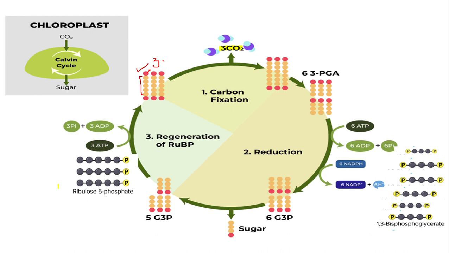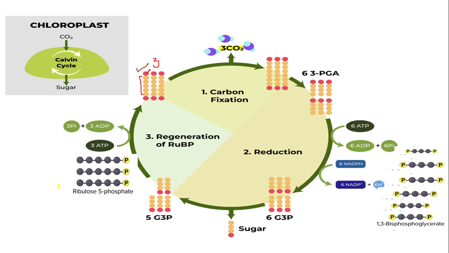So guys, this reaction will be carried out by an enzyme called ribulose bisphosphate carboxylase, and that enzyme is also known as Rubisco. And guys, it is very interesting to know that this Rubisco is the most abundant protein in the chloroplast, and is probably the most abundant protein on the earth.